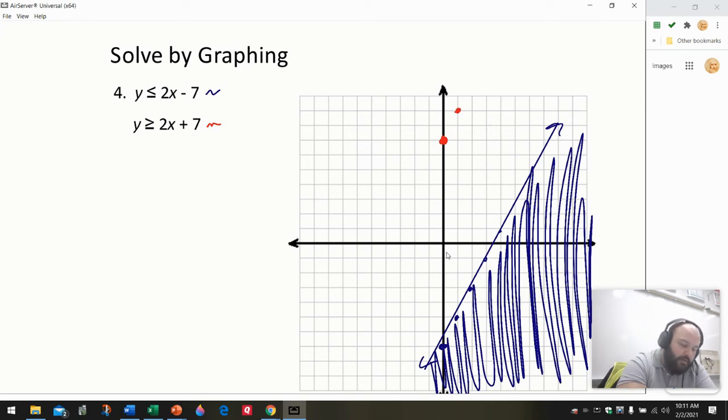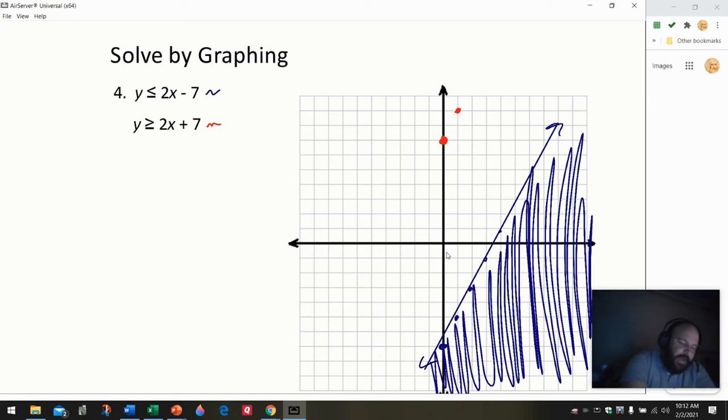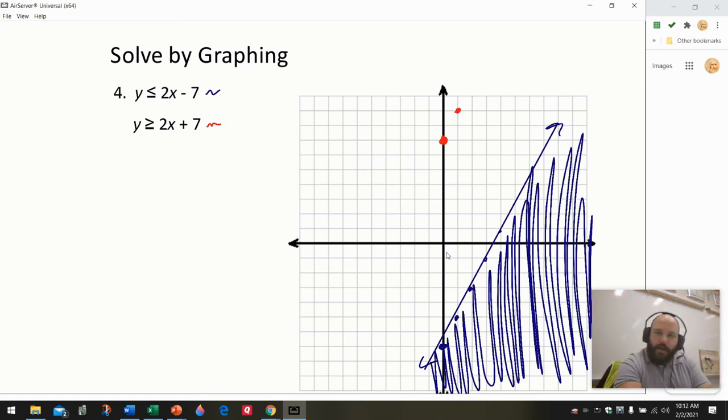And that should be your first indicator that something is going to be different about these. So I went up 2 over 1. If I went up 2 over 1 again, I would be off the coordinate plane. So I'm actually, from this point, going to go down 2 over 1, down 2 over 1.